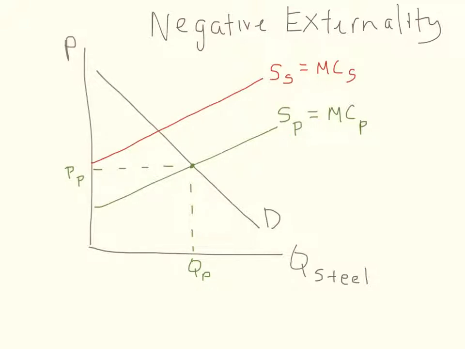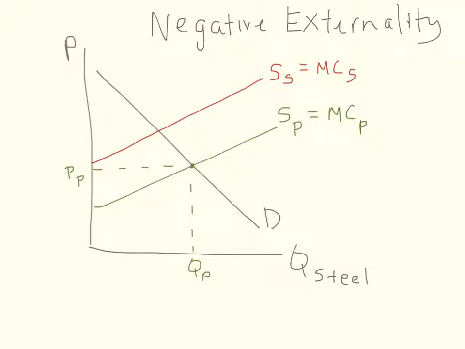It's the private supply curve. Nothing to do with the social cost that's going to occur as a result of the pollution. Okay, so where's our equilibrium? In the private sector, it's going to be where demand equals this private supply curve or marginal cost curve, and that's going to occur at this equilibrium point. And we'll then have a price here of PP and a quantity of QP.